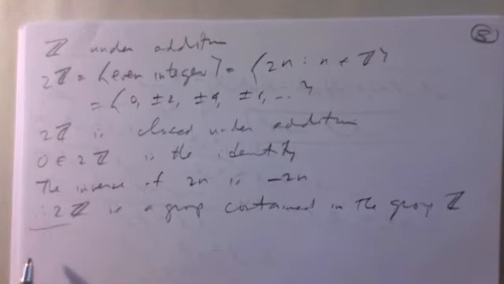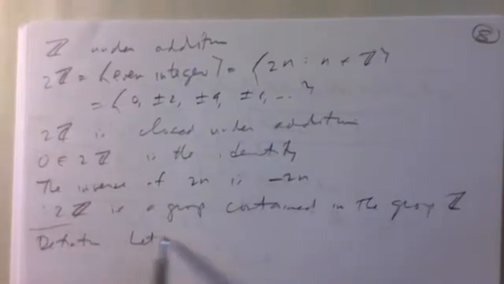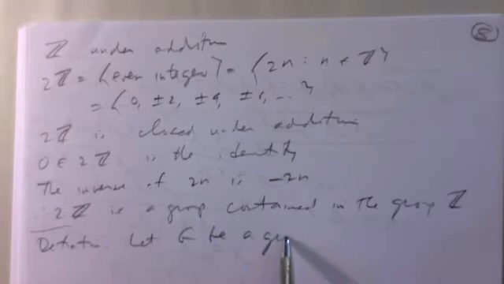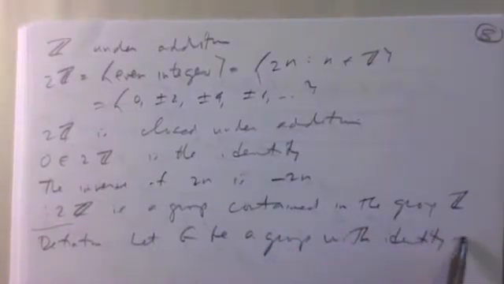If you have all the integers, that's a group under addition. If you look at the subset of even integers, that's also a group under addition with the same identity element. And this leads to the definition of a subgroup. Let G be a group with the identity element e.